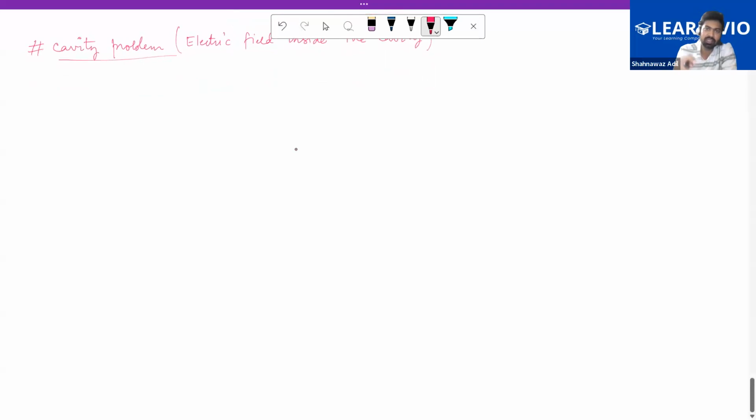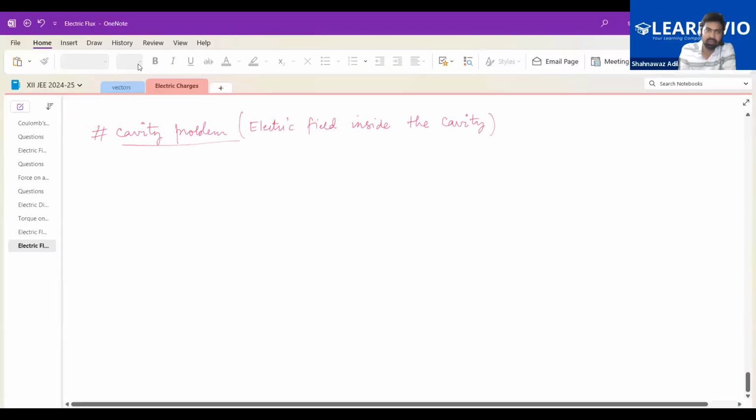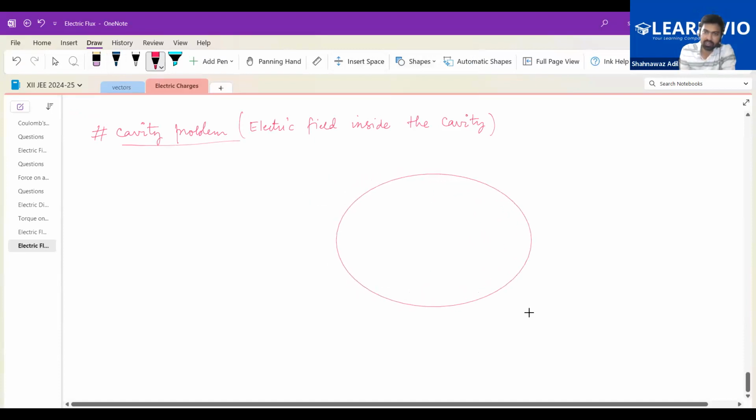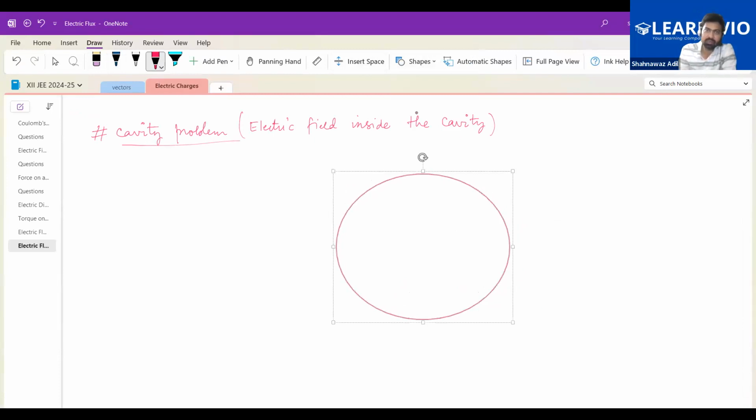Let's talk about that, and let me use this. So we have a cavity in this sphere, and inside this one, we have another.